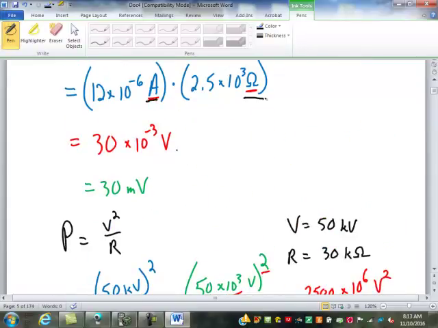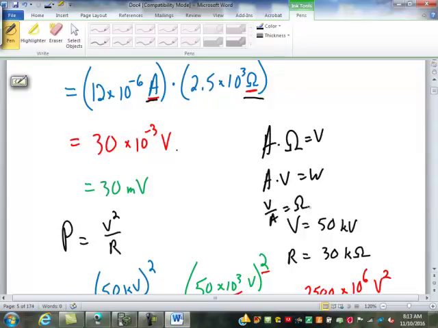An amp times an ohm is a volt. An amp times a volt is a watt. A volt divided by an amp is an ohm. There's a whole list of them. A volt squared divided by an ohm is a watt.